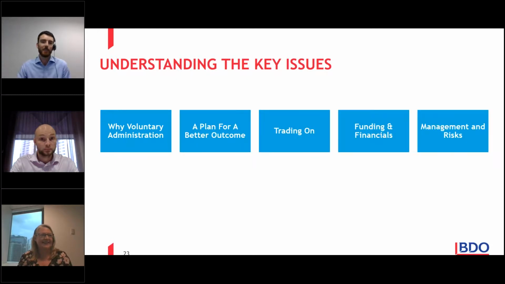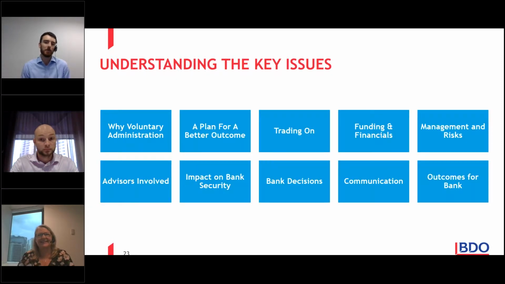There are the 10 questions we had, being why voluntary administration, a better outcome, planning with trading and funding and financials and risks. Do you have the right advisors involved? What's the impact for the bank? Importantly, what decisions are you going to make along the way? What communication will you receive to make sure you can make that decision? And overall, hopefully it's a better outcome.